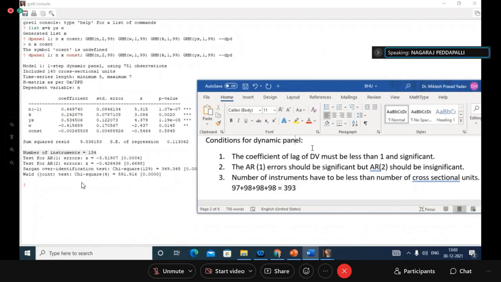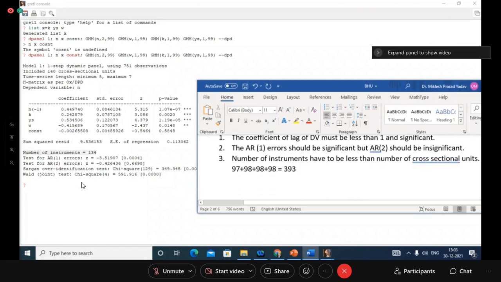So the total is 134 instruments. Is this fine? Can I move further ahead? Sir, is there any problem of degrees of freedom? Here, no. There is no such problem for degrees of freedom.